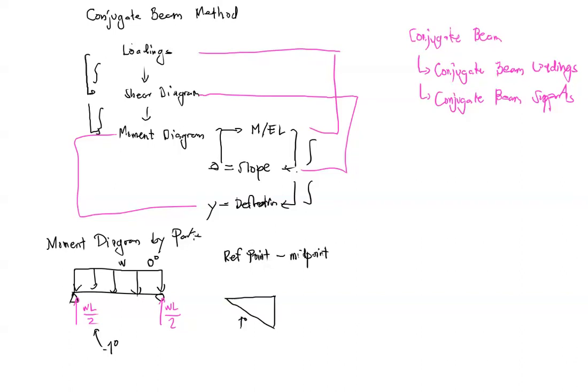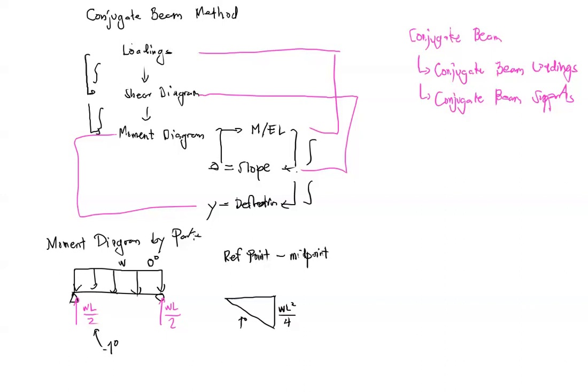And yung magiging value nito, nung WL over 2 is base, kung ano yung magiging moment. Yung moment arm niya is L over 2 kasi midpoint yung tinutukoy, times WL over 2. So, meron kang WL squared over 4.